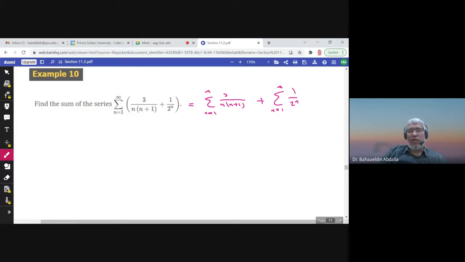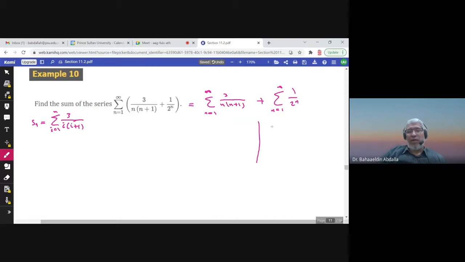The first one can be written as a telescoping sum series. So you can talk about Sn, and Sn is the summation from i equals 1 to n of ai. an is 3 over n times n plus 1. So this is 3 over i times i plus 1.